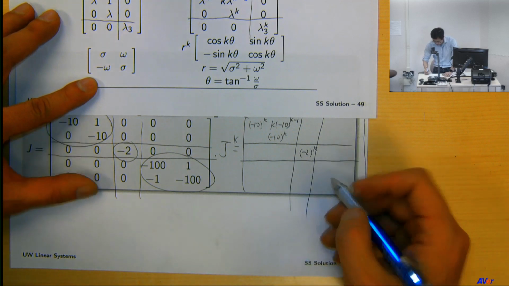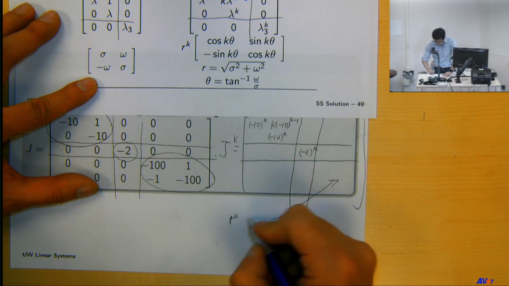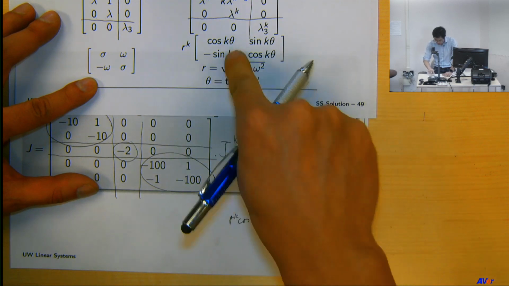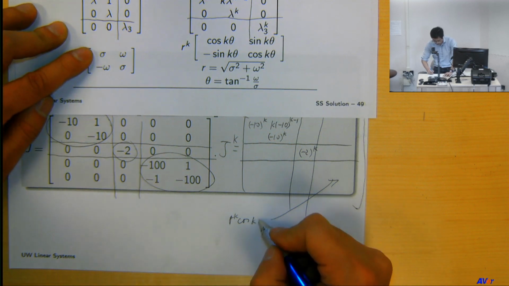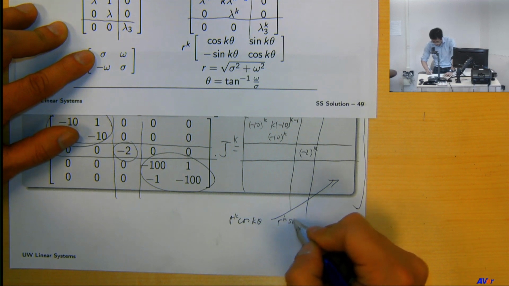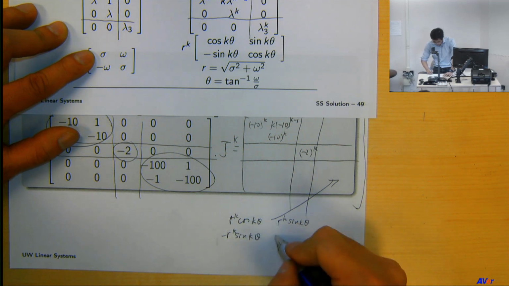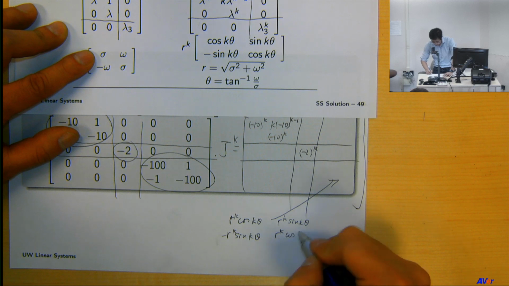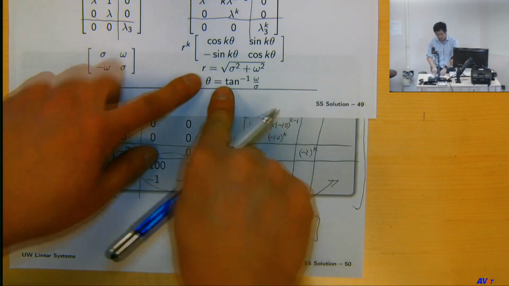So it's going to be r^k cos(kθ), r^k sin(kθ), negative r^k sin(kθ), r^k cos(kθ), where r and θ are defined like this.